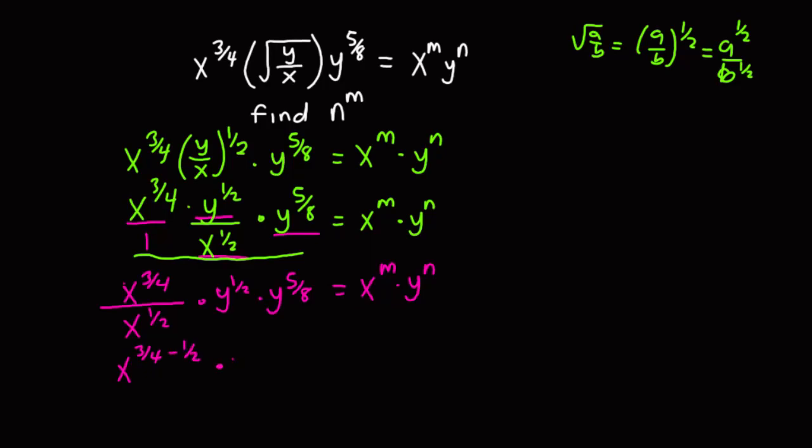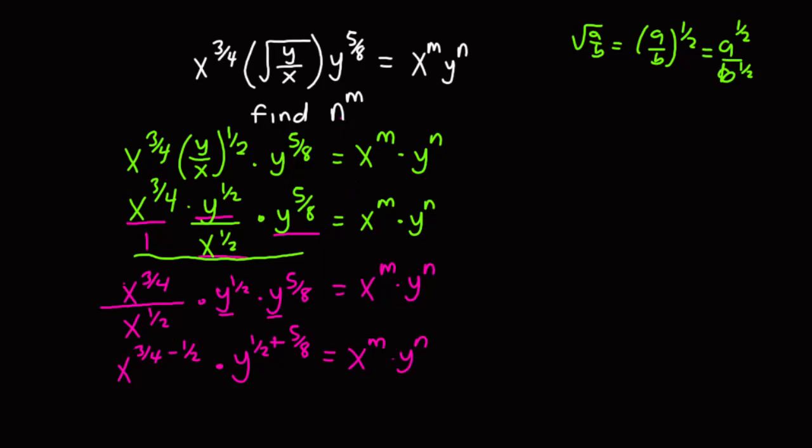And this is multiplying. Now these two have the same base and they are multiplied, so we are going to add the exponents. So y exponent 1 on 2 plus 5 on 8. Remember, this is equal to x exponent m times y exponent n.